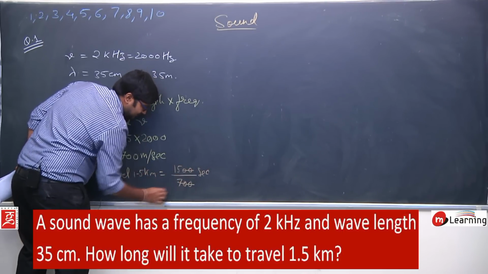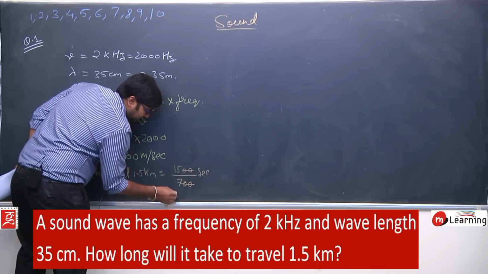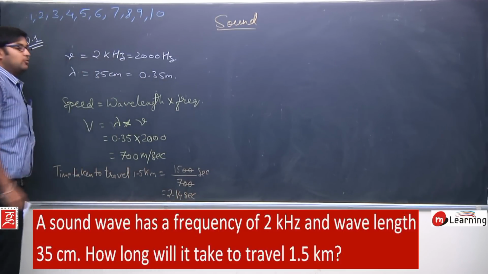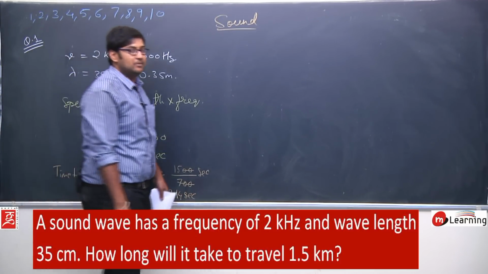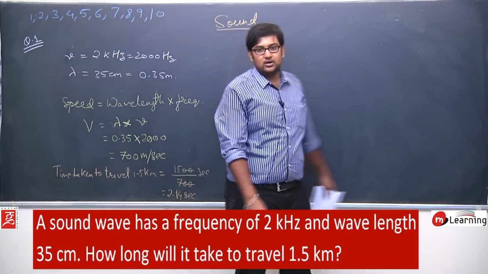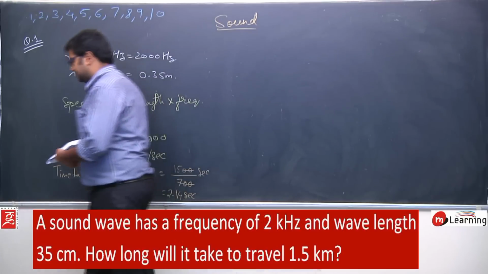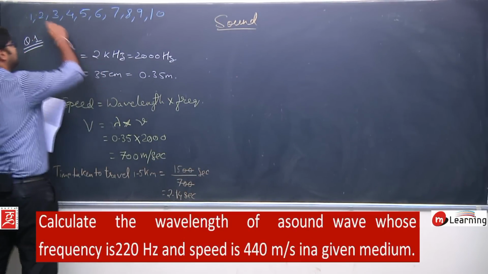So we can divide this, it is 2.14 seconds. 2.14 seconds would be the time required by this wave to travel 1.5 kilometers of distance. Okay, so this was the first question.